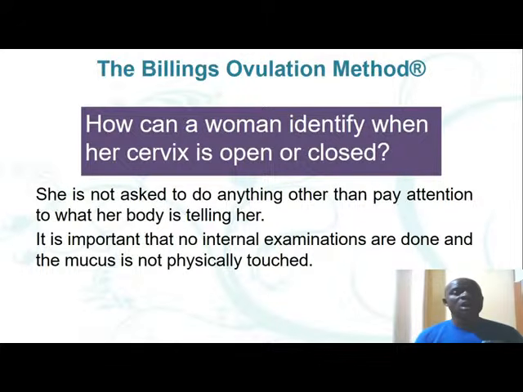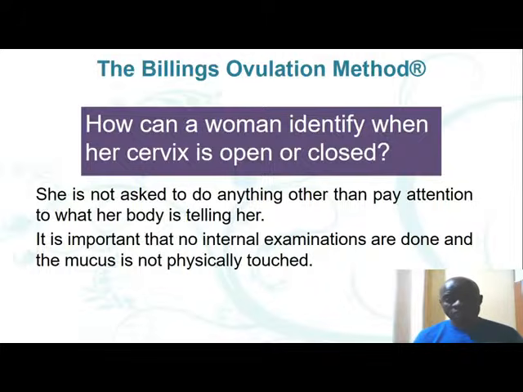And we saw how mucus contributes to the lifespan of sperm. Regarding the fertile mucus, we saw the properties or characteristics that it provides: it nourishes the sperm with food so that sperm can survive for 3 to 5 days.